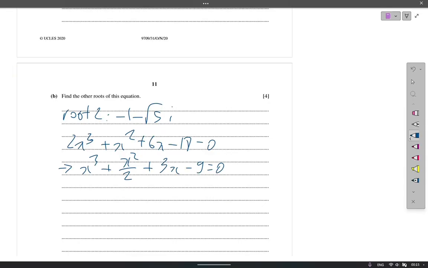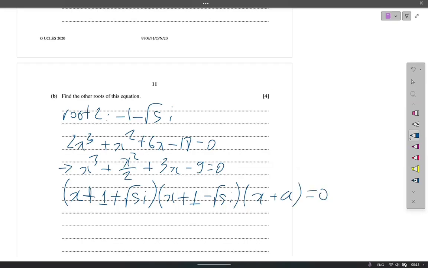Therefore, we can write the multiples of the root: second root, first root, and the other root we don't know. You can just say it's a.